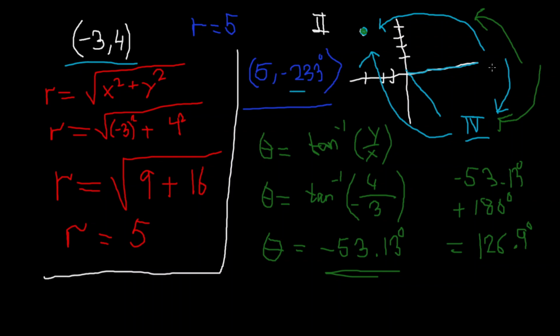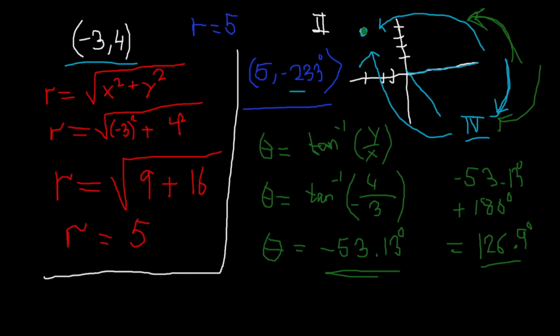With the negative 233, you're simply going clockwise and you will reach this point. And with the positive theta, 126.9, you will just go counterclockwise and you'll still reach the same point. So it just depends in which form you want to write it.